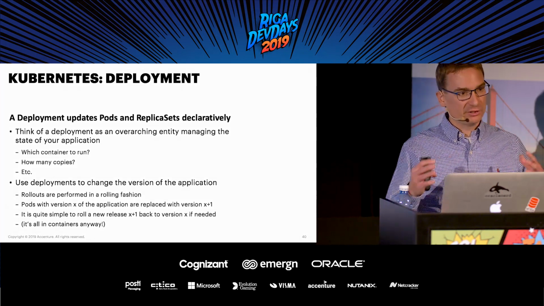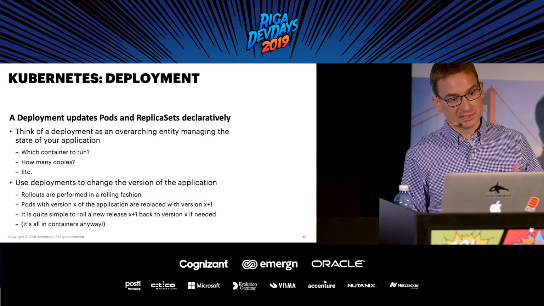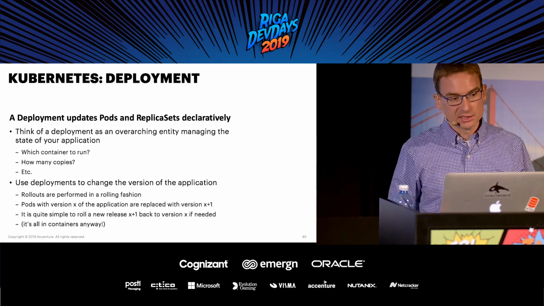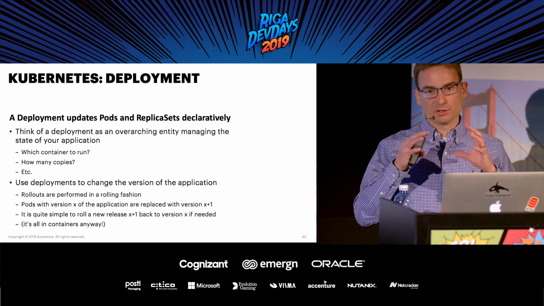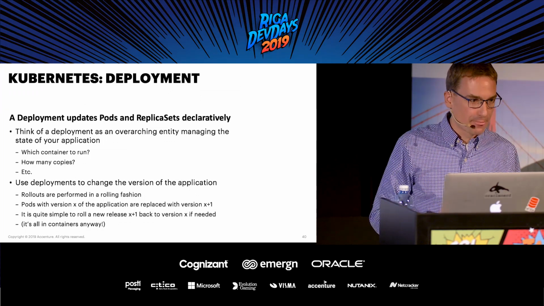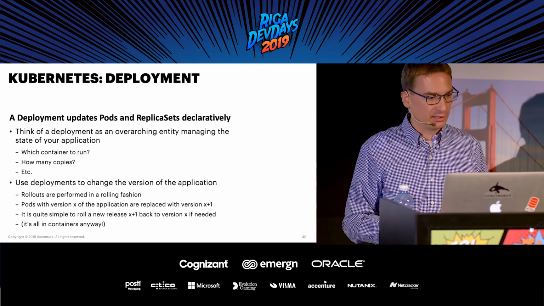Okay, but when you don't create these, how do you create the pods after all? When I first looked into Kubernetes, it took me a little while to find out. You don't create these things by creating pods themselves. You don't create replica sets yourselves usually. What you do is you create a deployment. The deployment really is the thing that describes your application.